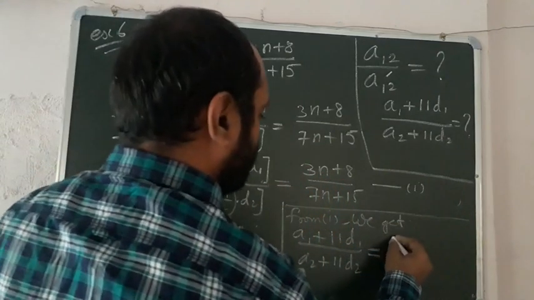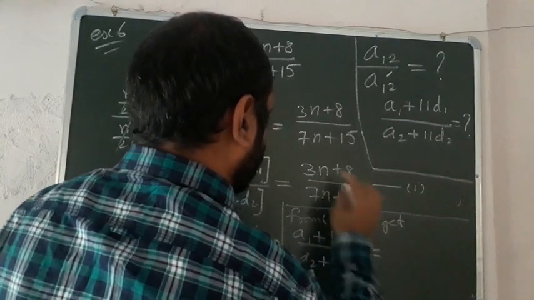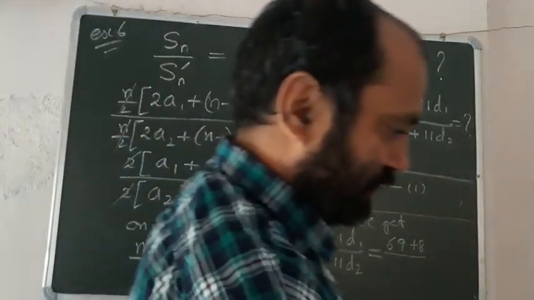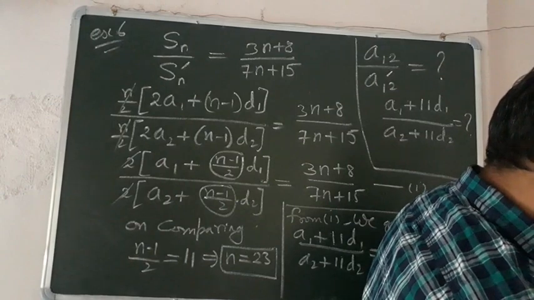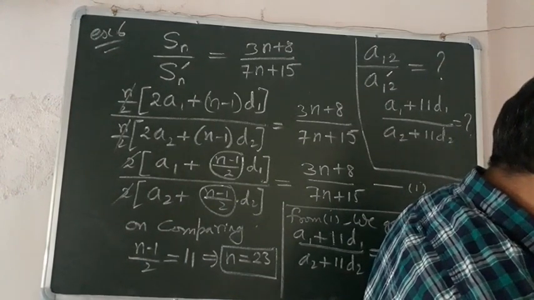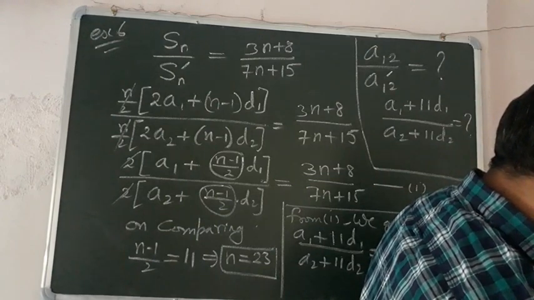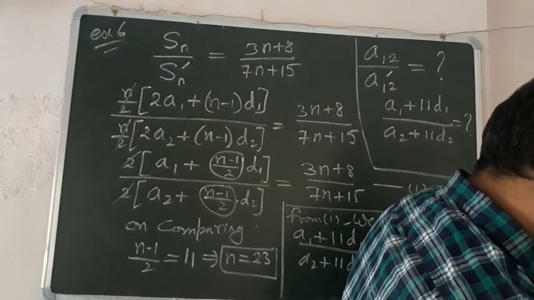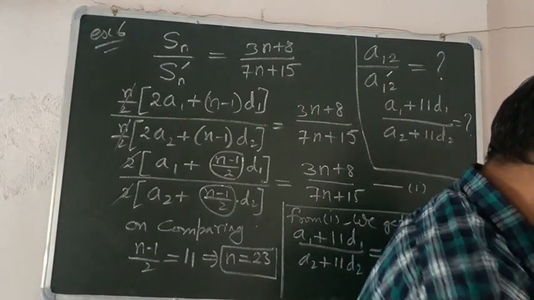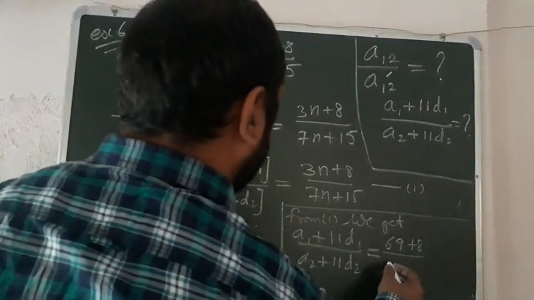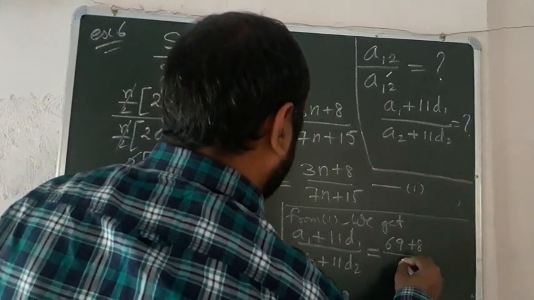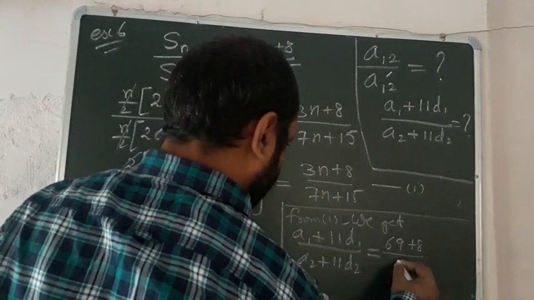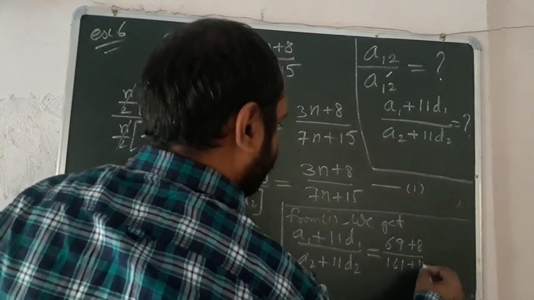Putting 23 here, we get 23 into 3, that is 69, plus 8 over 23 into 7 plus 15. 23 into 7 is 161, plus 15 is 176.